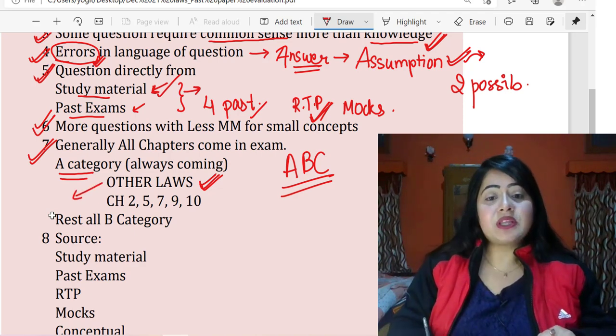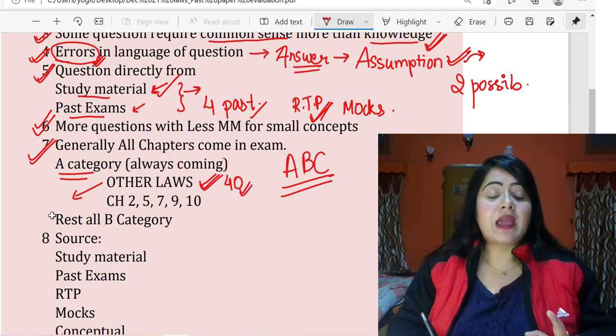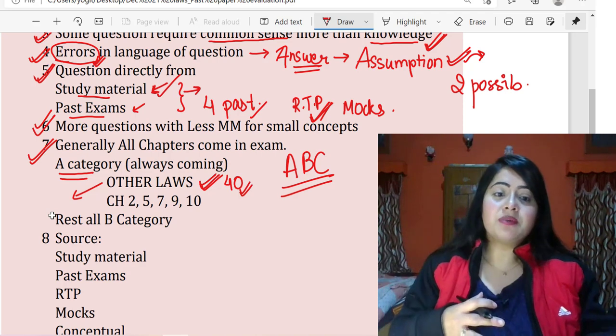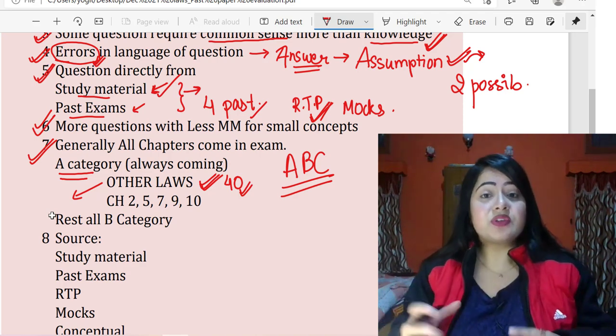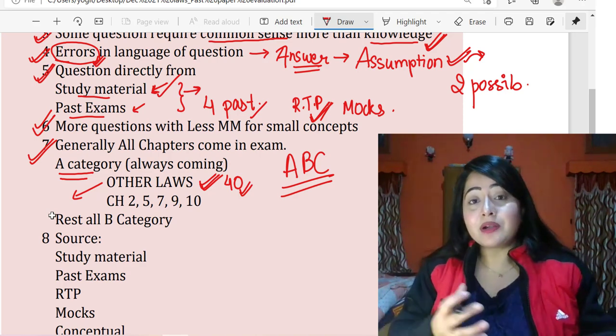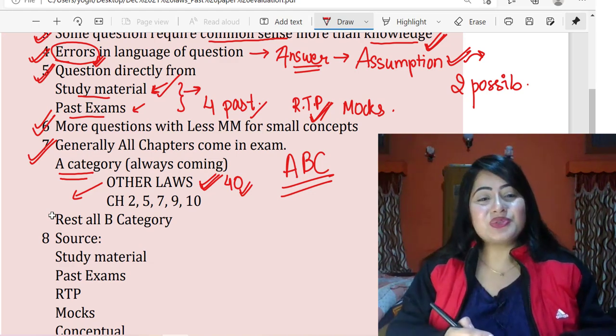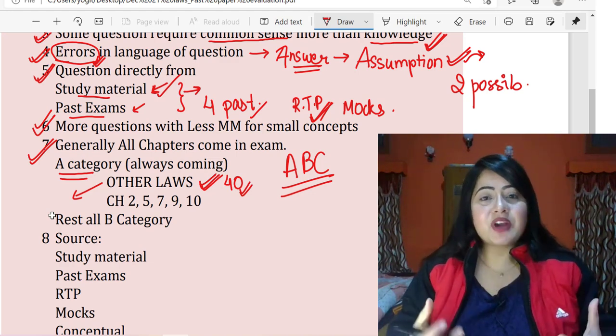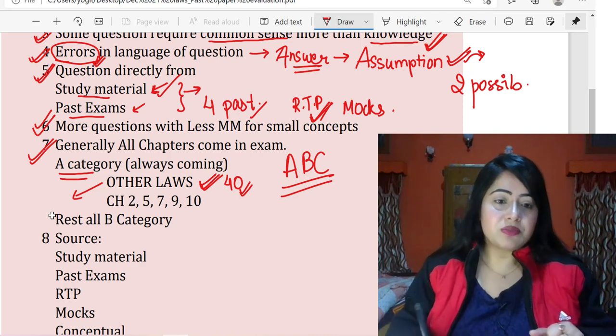So please make sure that you definitely do other laws properly and thoroughly. In fact, many of the times the questions are coming directly from the study material from other laws, and sometimes these questions are direct questions. So don't underestimate the power of other laws. Most students want to do company law first, but try to focus on other laws. It is really going to be beneficial.